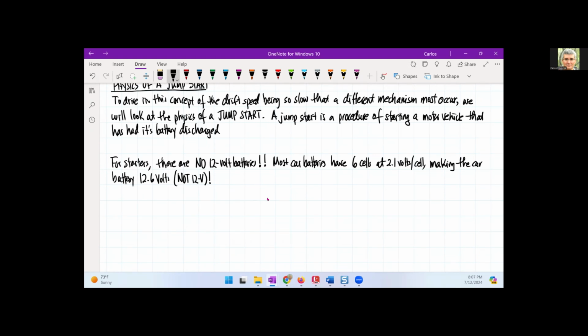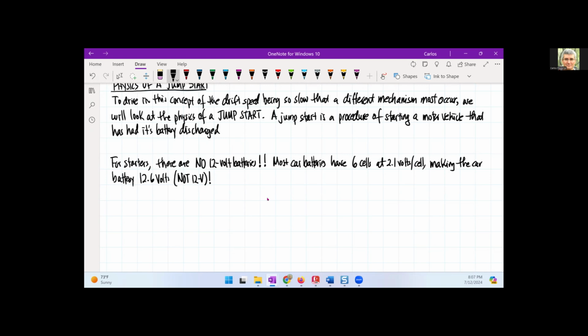So a car battery is 12.6 volts. Now, what we say here is that this is the nominal value, which implies here that on average, the car battery is 12.6 volts with some small fluctuations.